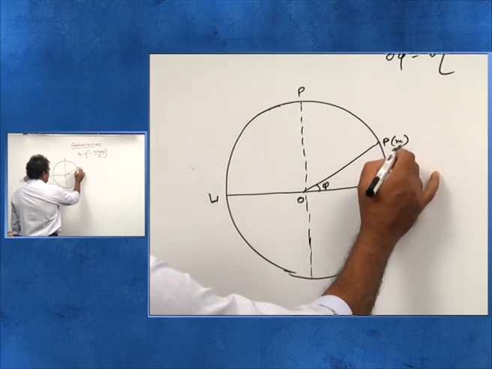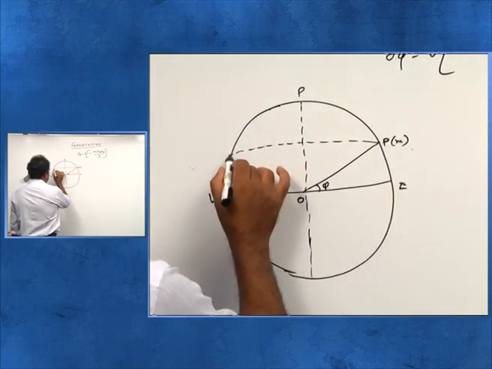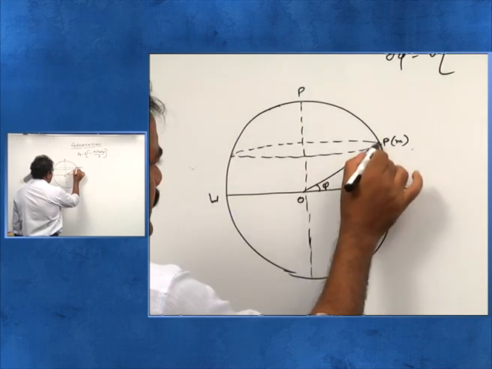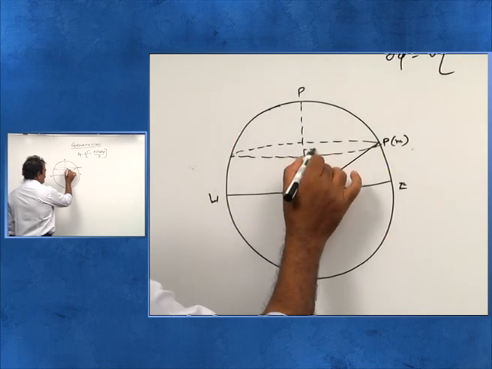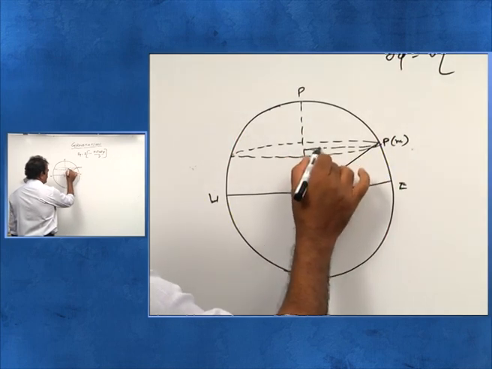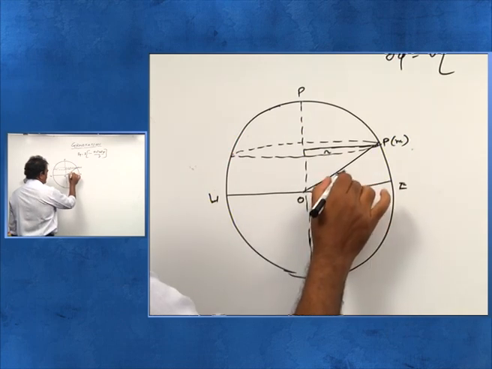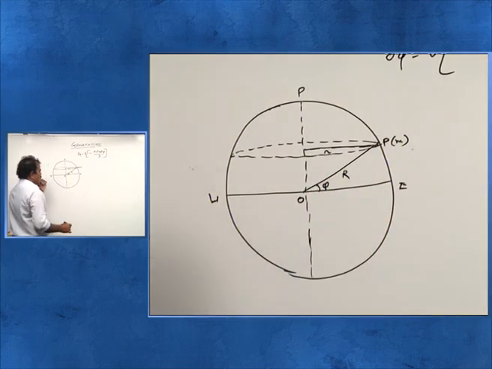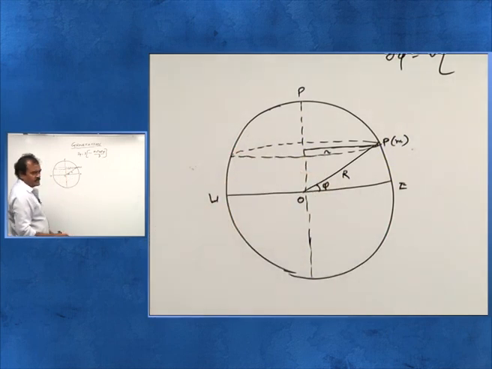Now this particle is rotating in a circle of radius small r. It is rotating in a circle of radius small r, and the capital R is here.